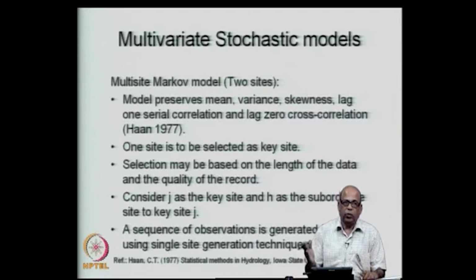Now, we will start with the multi-site Markov model. I discussed at the beginning of this lecture the Thomas Fiering model. The Thomas Fiering model is the single site Markov model, and it is a single site one step Markov model inasmuch as we consider rho 1, that is lag 1 autocorrelation.